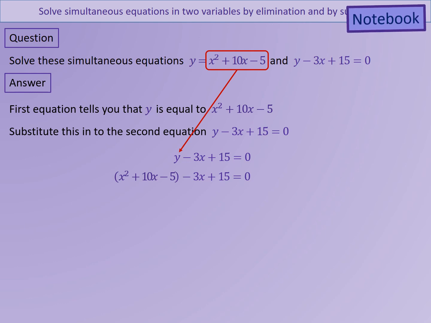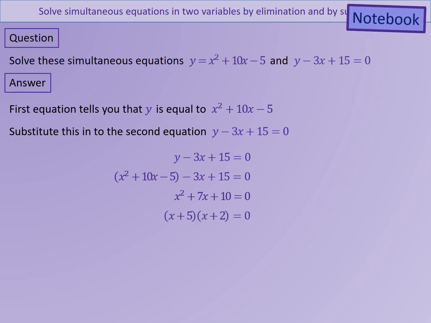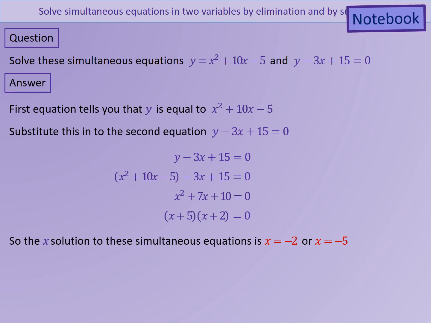So if I simplify and collect together the like terms, I end up with x squared plus 7x plus 10 equals 0. And nicely for us, that quadratic factorizes, and therefore there are two solutions. The straight line is passing through the quadratic twice. That's why we have two solutions. And the first of those solutions is when x is minus 5, and the second is when x is minus 2.